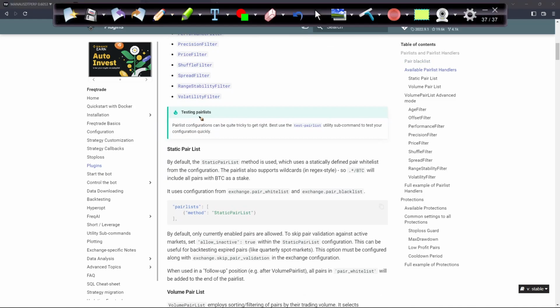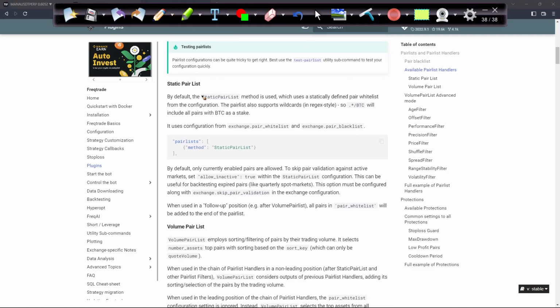Testing pair lists: pair list configurations can be quite tricky to get right. It's best to use the test pairlist utility subcommand to test your configuration quickly. This will be helpful after building our pair list, as we can test our pair list configurations. That will be quite useful.